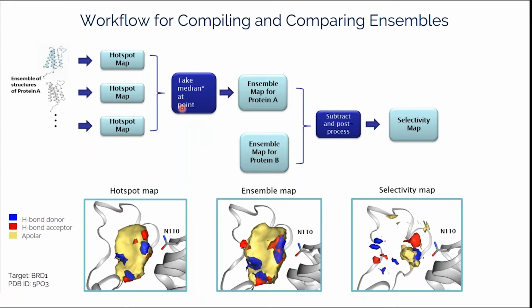These hotspot maps are combined by taking the median at each point with some caveats that we'll talk about briefly, and then 2 ensemble maps for closely related proteins can then be compared to generate a selectivity map after some post-processing.